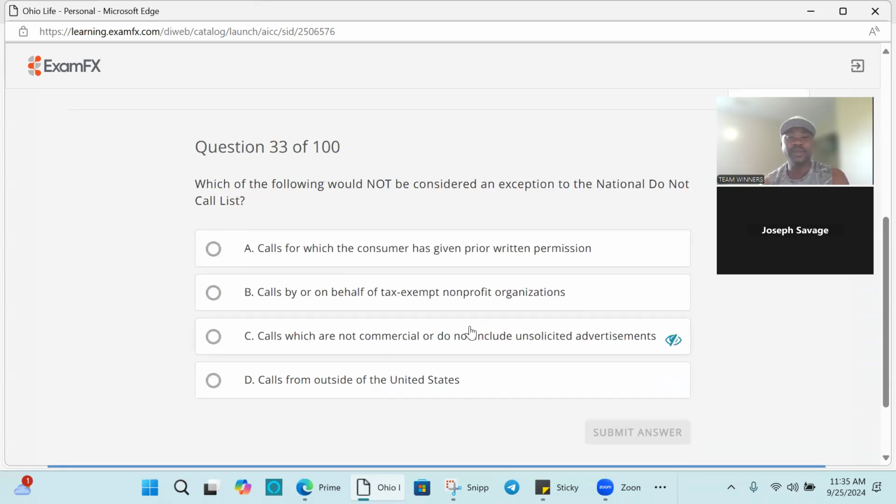Which of the following would not be considered an exception to the national do not call list? Calls for which a consumer has given prior written permission, calls by or on behalf of any tax-exempt non-profit organization, calls which are not commercial or do not include unsolicited advertisement, calls from outside the United States.